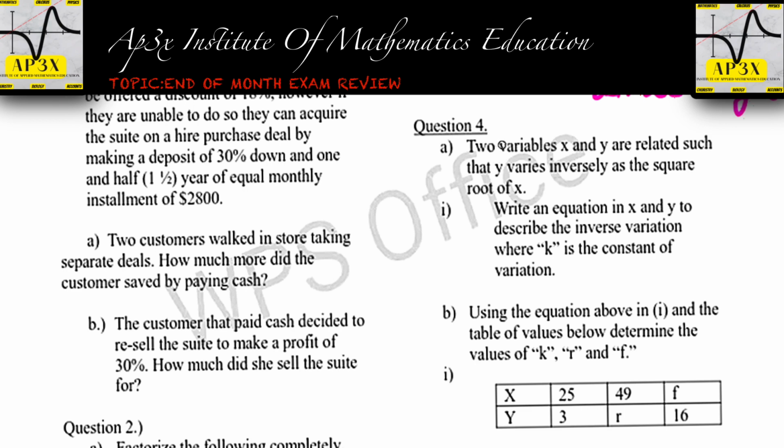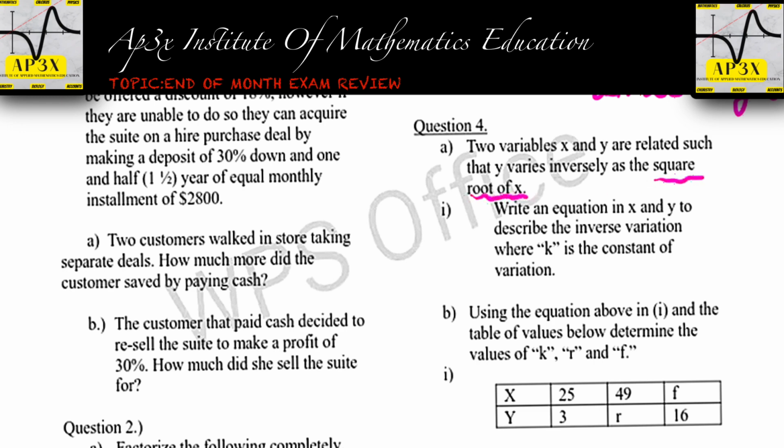Alright then, for question 4, we're looking at two variables x and y that are related such that y varies inversely as the square root of x. Very often students are continually being caught by this little change at the end.